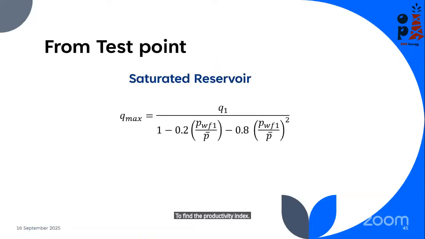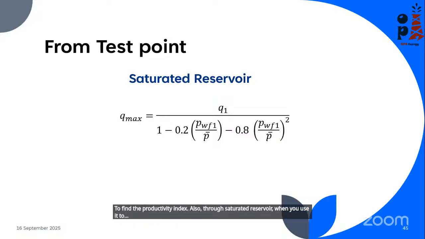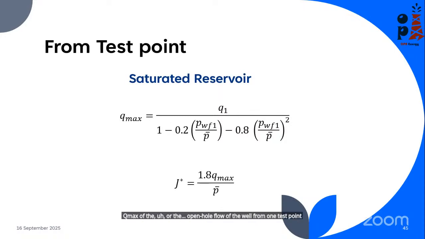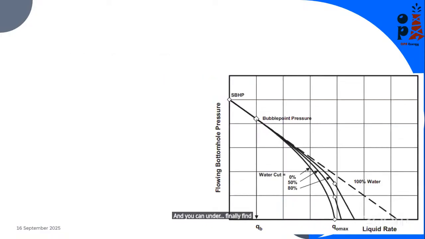Also, for a saturated reservoir, you always produce oil and gas, so this Qmax will be used to estimate the Qmax, or the open hole flow, of the well from one test point, as you can see here, and you can finally find the productivity index and so on.